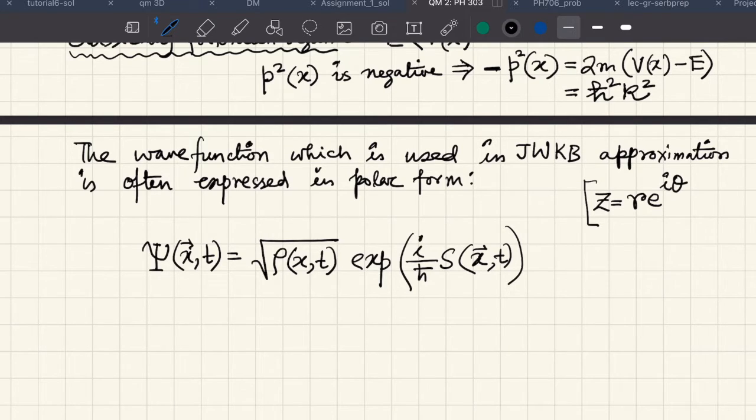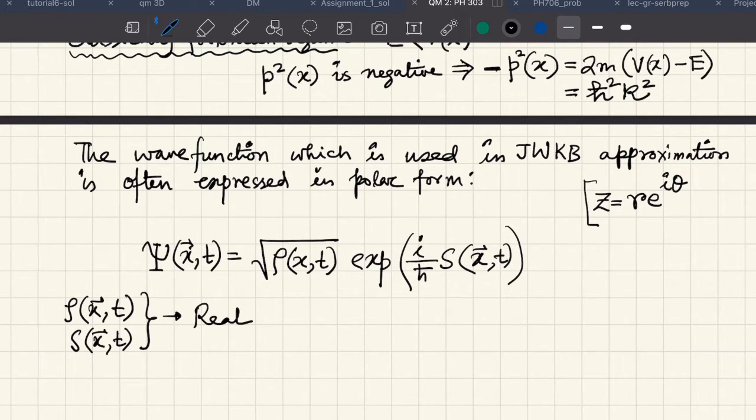So I will explain what these quantities are. We are using first of all the three-dimensional notation for the most general case. Now these functions ρ(x,t) and S(x,t), these two functions are real.